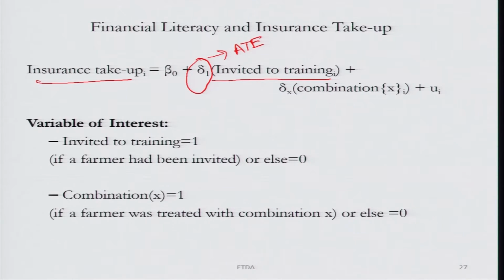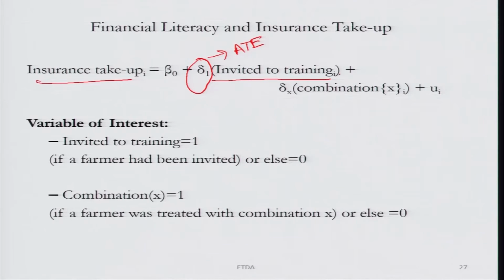And we have already checked that randomization has gone well, because the X_0i's are balanced across the treatment and the control groups. The only variable where it was significantly different was the drought experience. And what you would do to account for that is to condition on drought experience. So, once you condition on drought experience, you know that invited to training is randomly assigned.